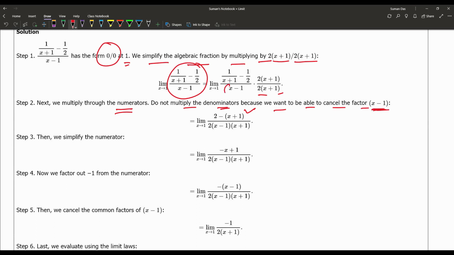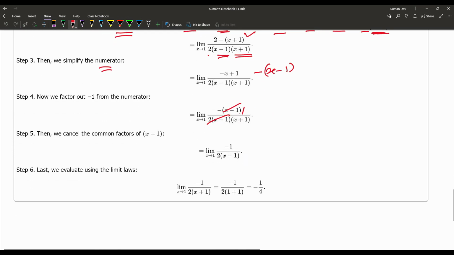So the denominator is now 2 into x minus 1 into x plus 1. Simplifying the numerator, we get minus x plus 1, which is taking common minus x minus 1. So we can cancel the x minus 1 here. That becomes minus 1 by 2 into x plus 1.